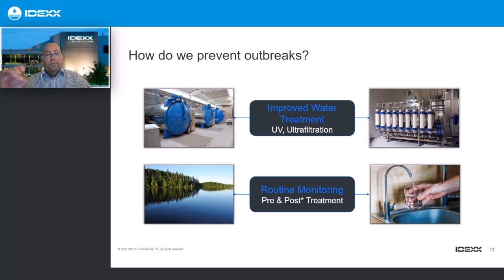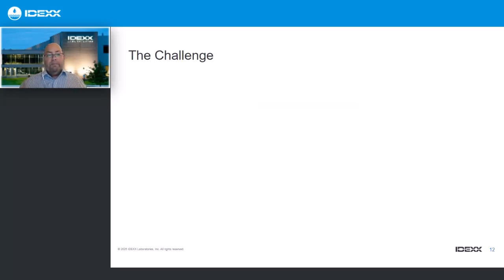But also, we should be doing routine monitoring, both pre and post treatment, and that's very, very important. So we know what's in the influent water, but also what is also in the finished product. We're therefore assessing again the efficacy of water treatment. There is a challenge.